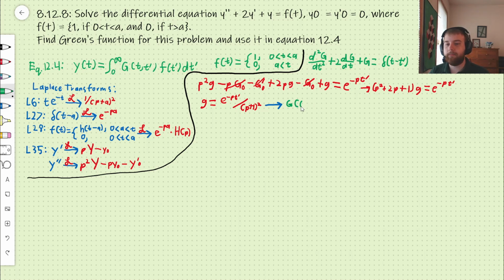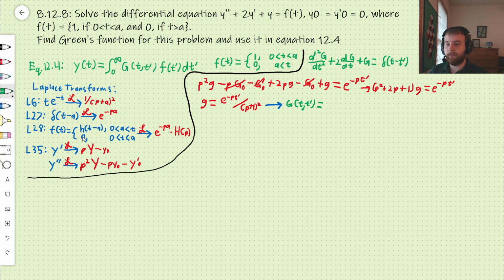And yes, I'll put our variables here. I know what they're going to be already, and that just means I don't have to write it out again. Okay, so taking the inverse Laplace transform of this. We look at L28 first, and we see that we have e to the negative p times something times a different function.